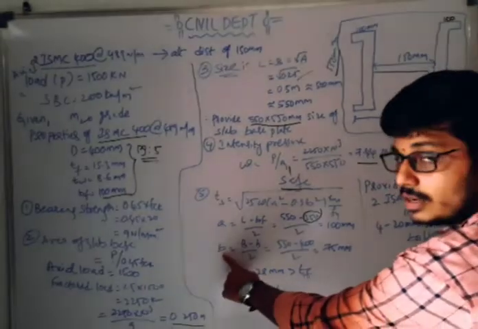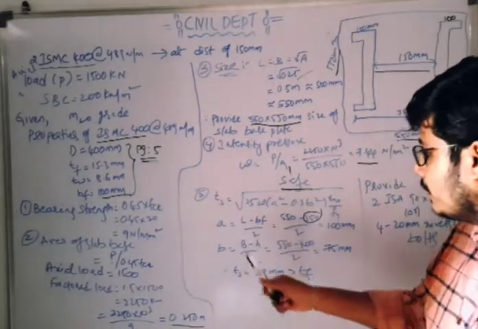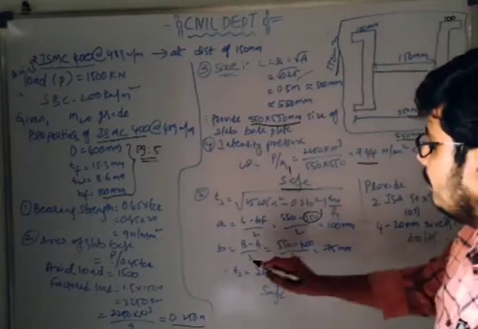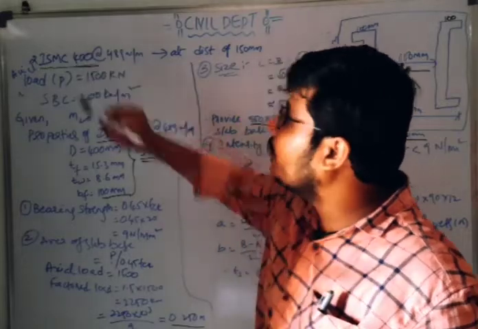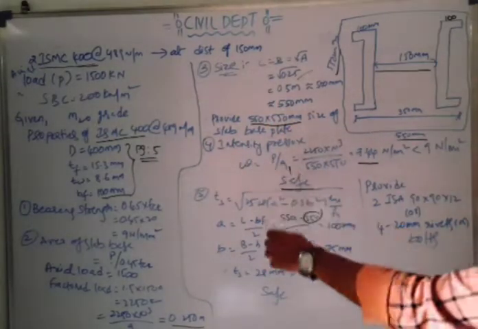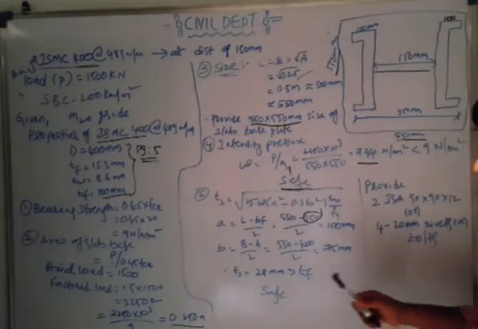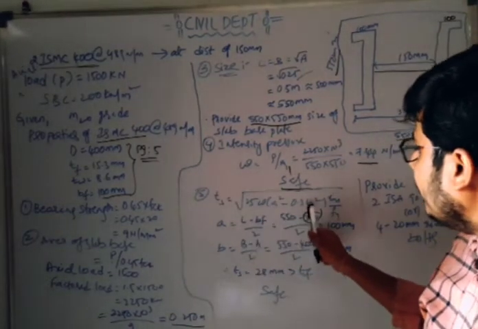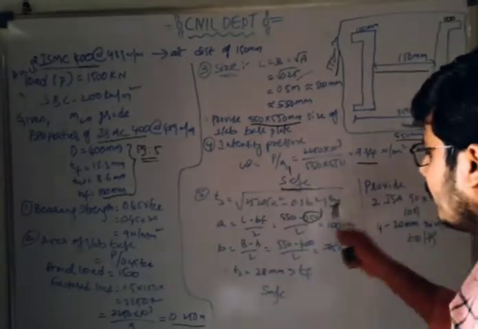Next, the smaller projection b is equal to the width of slab minus the height of section, divided by 2. The height is the depth of ISMC 400. So 550 minus 400, by 2, gives 75. Now we know all the values: a, b, w, gamma m0 and fy.